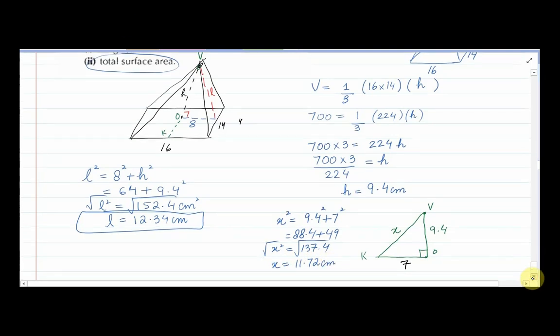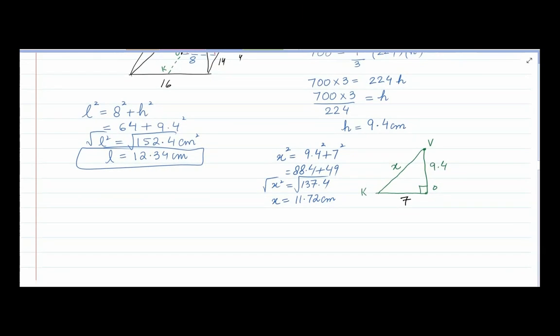Now the final step, in which I need to draw the net of the pyramid. So we have a rectangle, we have a triangle above that rectangle, we have a triangle below that rectangle.